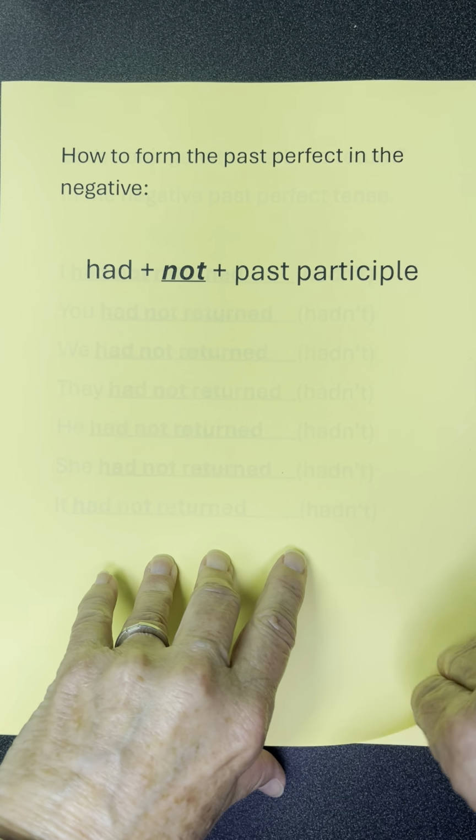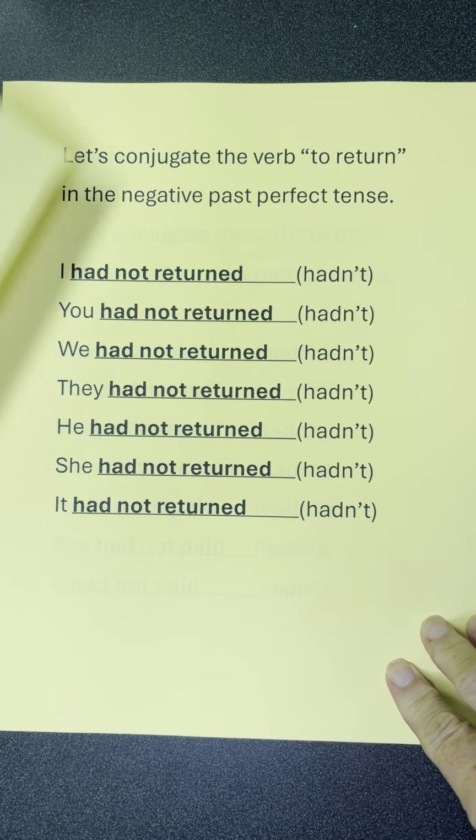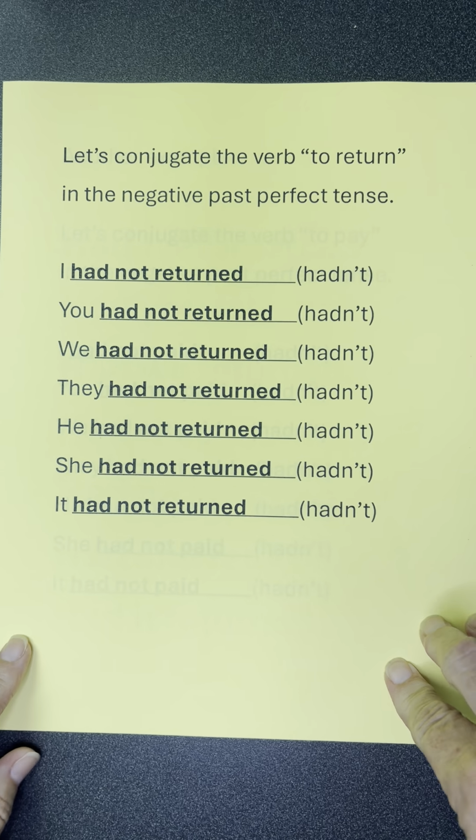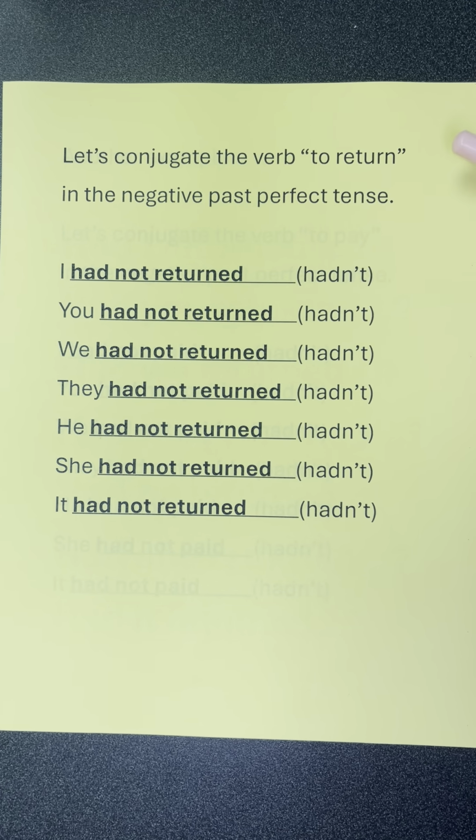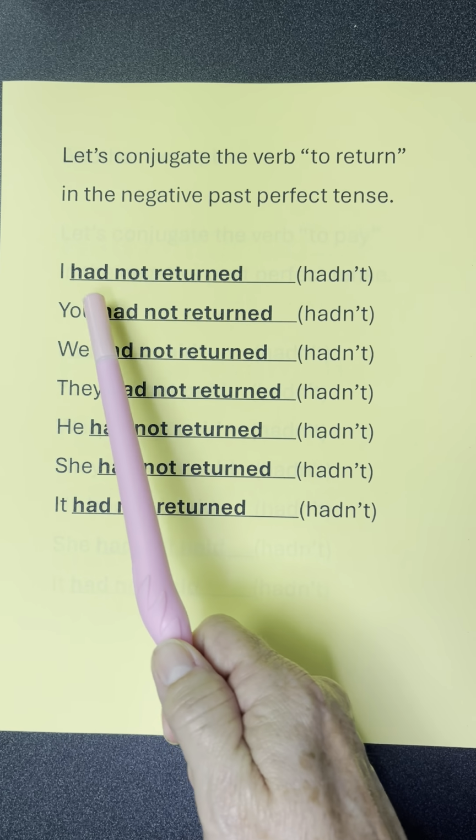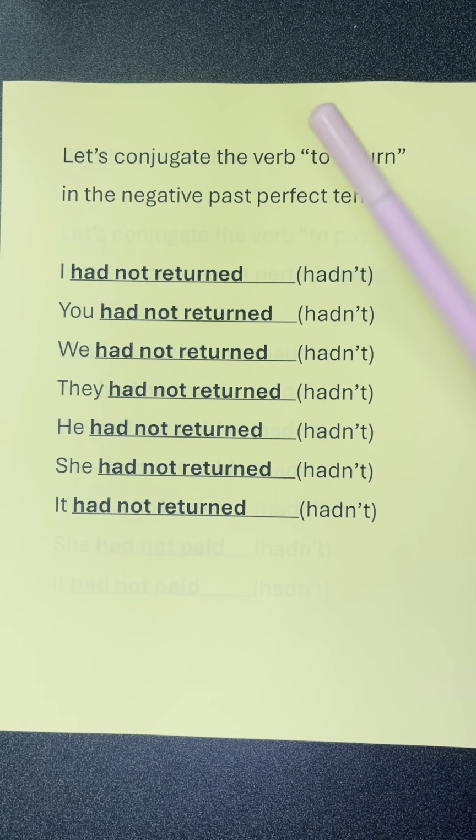So let's look at some examples with the verbs we just used. So let's conjugate the verb to return in the negative past perfect tense. So you could say, I had not returned. You had not returned.